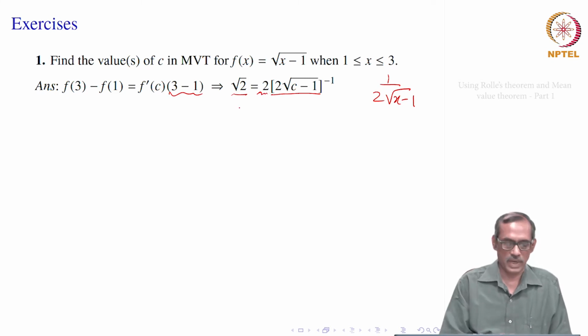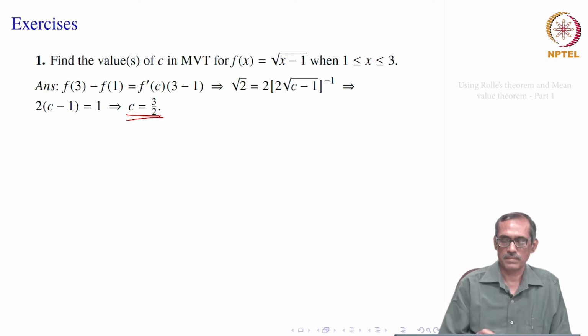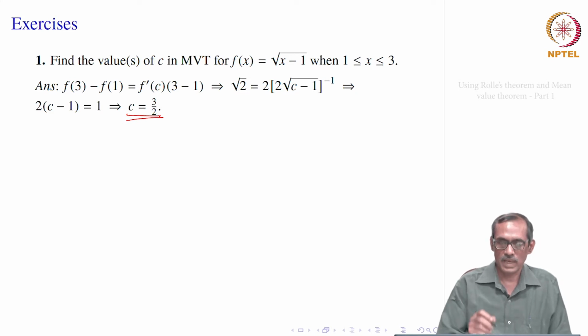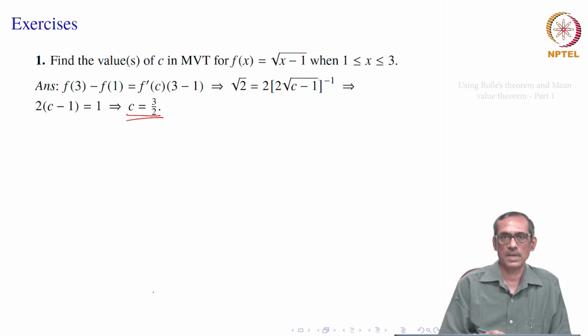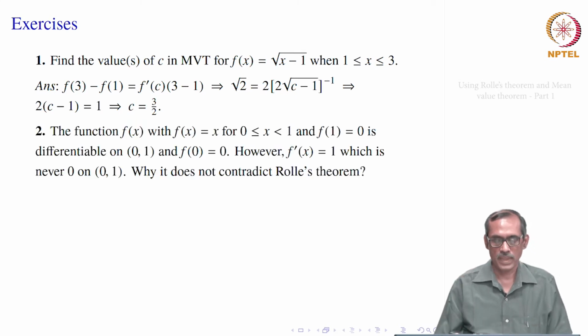So, this is the equation we get, which we solve to find our c, that gives c equal to 3 by 2. So, there is a unique value for this function. For different functions there can be other c's in the interval, where the values of the function and its derivative are the same. Okay.